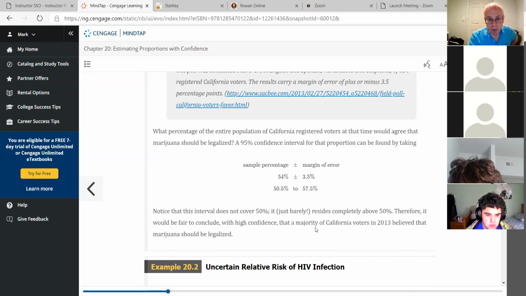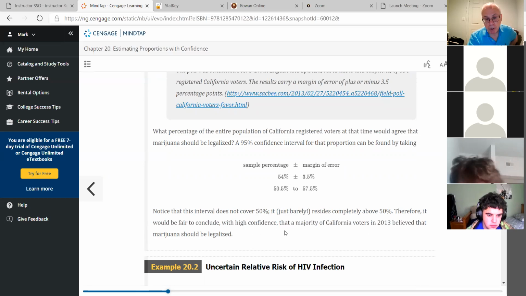Okay, the majority means greater than 50%, right? 50% is not inside this interval, and therefore we could make a statement like that. We would say with 95% confidence, the majority of California voters believe marijuana should be legalized. Because why? Because this entire interval is greater than 50%.